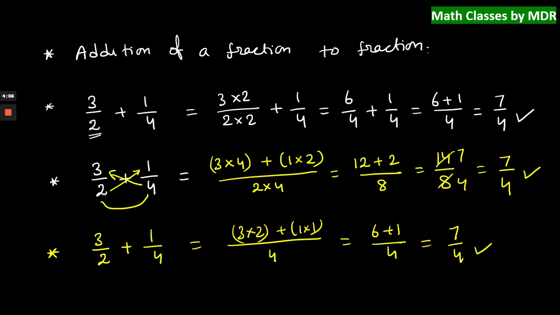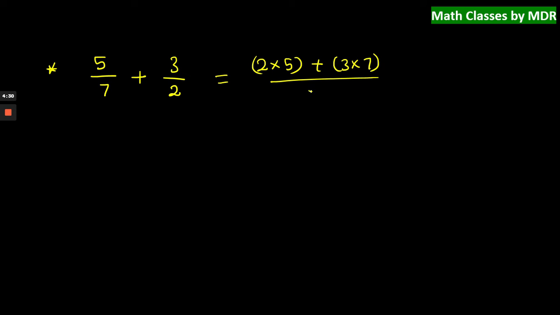Right? Can I give you one more example to add the fractions? Yes, let us take 5 by 7 plus 3 by 2. So what will you do? Can I take the cross multiplication? So 2 into 5 plus 3 into 7 by 2 into 7.